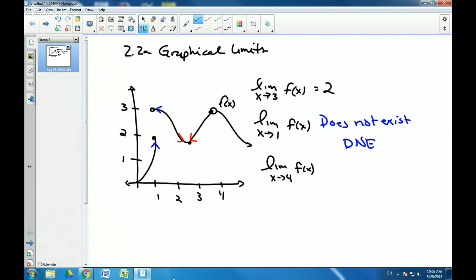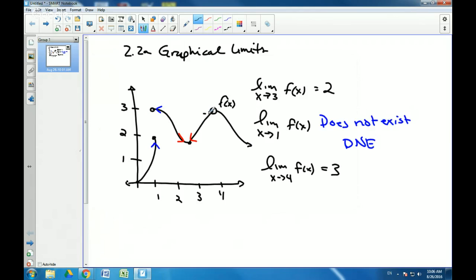What's the limit as x approaches 4? Here's the question you're asking. From the left side and from the right side, am I going to the same location? I am. So there is a limit here, and it is 3. You see the difference?